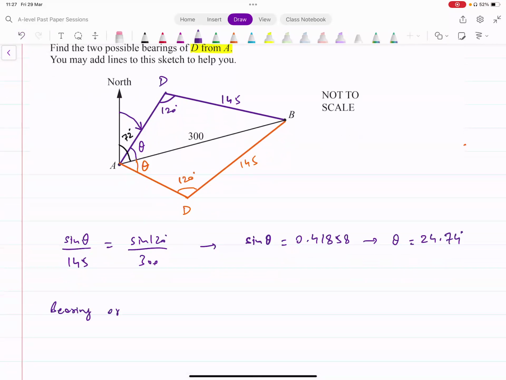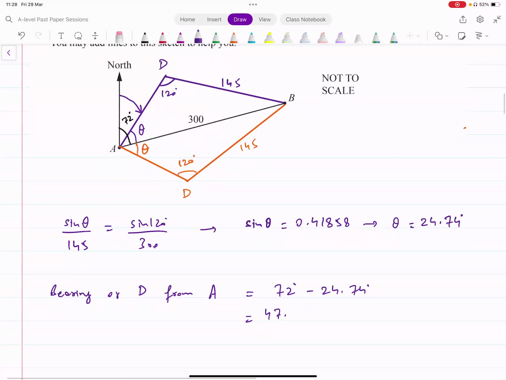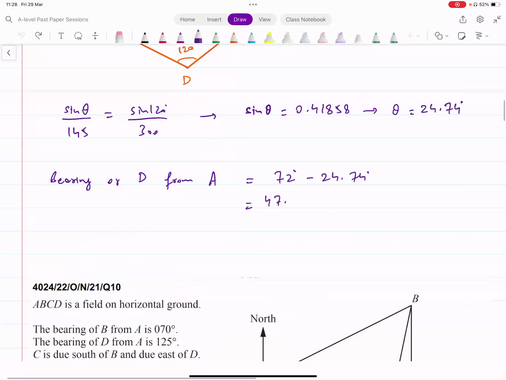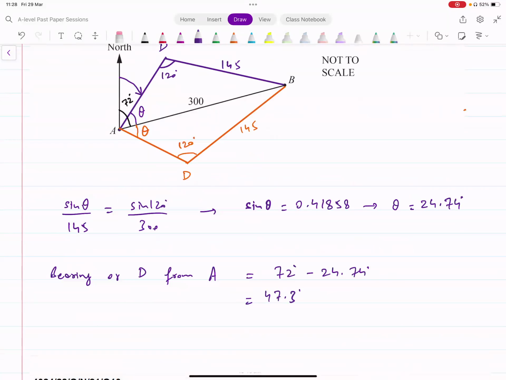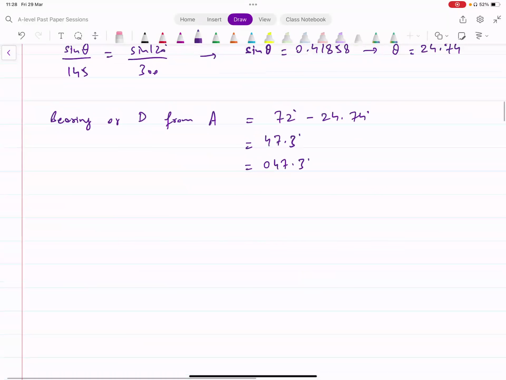The bearing of D from A, one possible value, is 72 degrees minus 24.74. What does that give us? That's 47.25, so 47.3. Since we're talking about bearings here, we should write it like this: 047.3 degrees. That is one possible bearing.